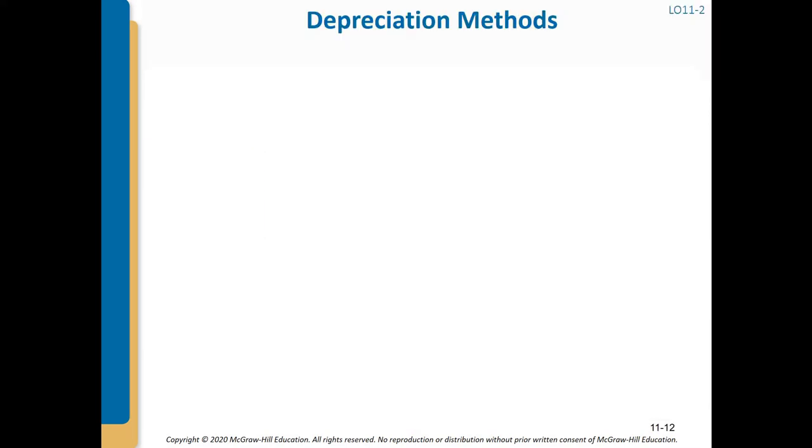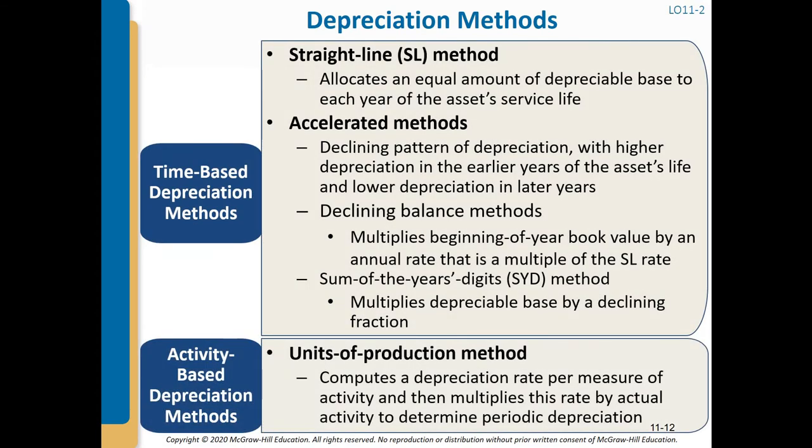There are two kinds of time-based methods: the straight line method and accelerated methods. There are two accelerated methods usually used: the declining balance method and the sum of years digit method. They are the accelerated depreciation methods, and this is the straight line method.